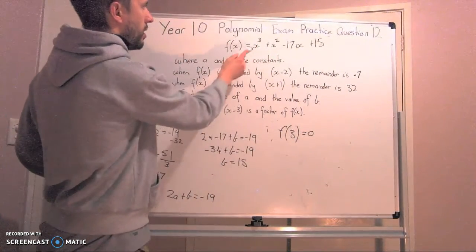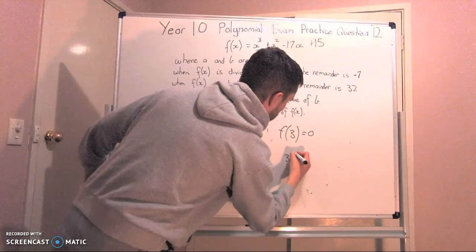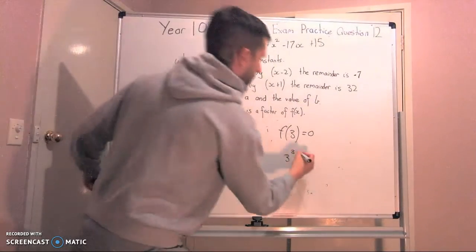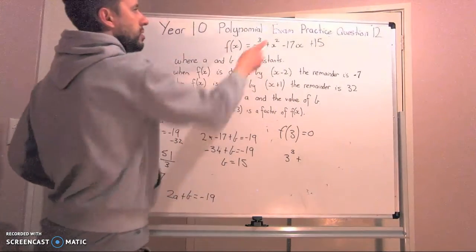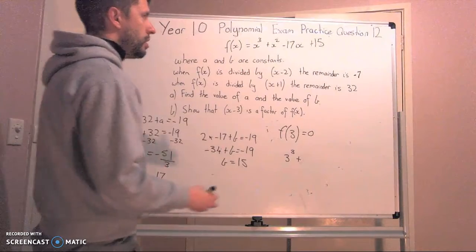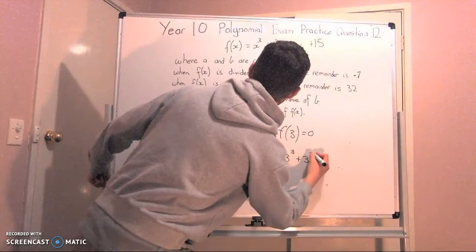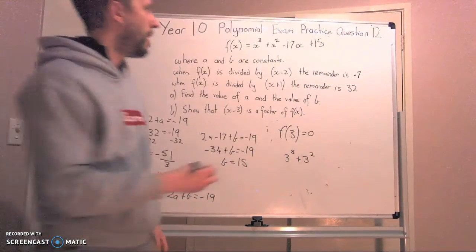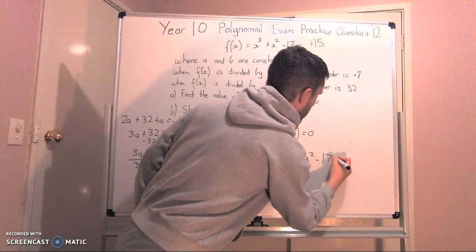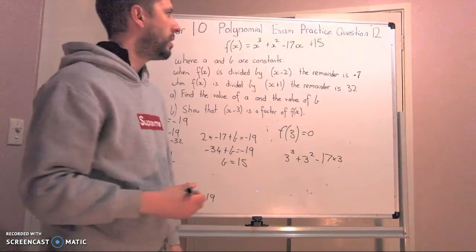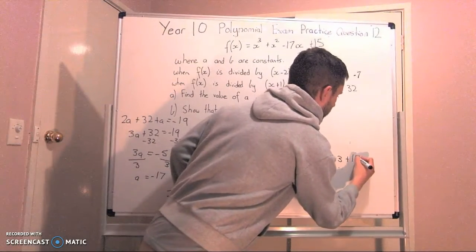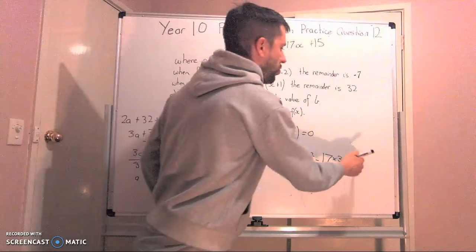So x is 3, so it's 3 to the power of 3. Plus x to the power of 2. So again, x is 3. Minus 17 times 3 plus 15. And that should equal 0.